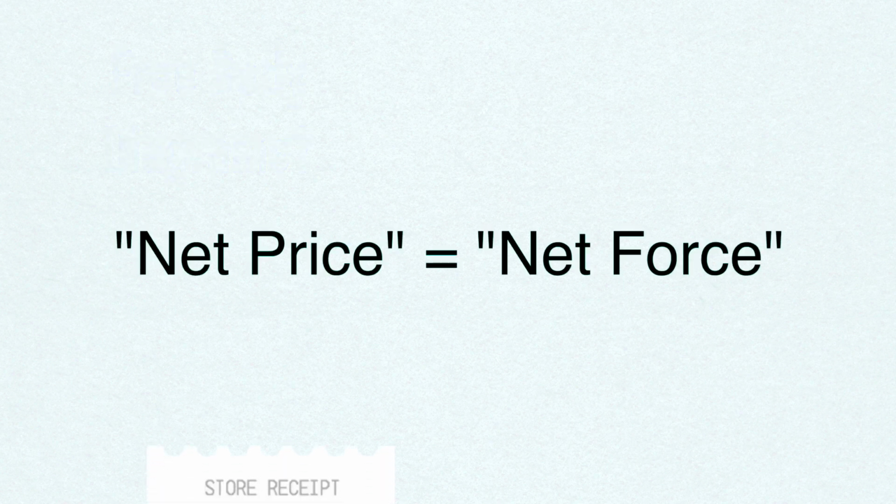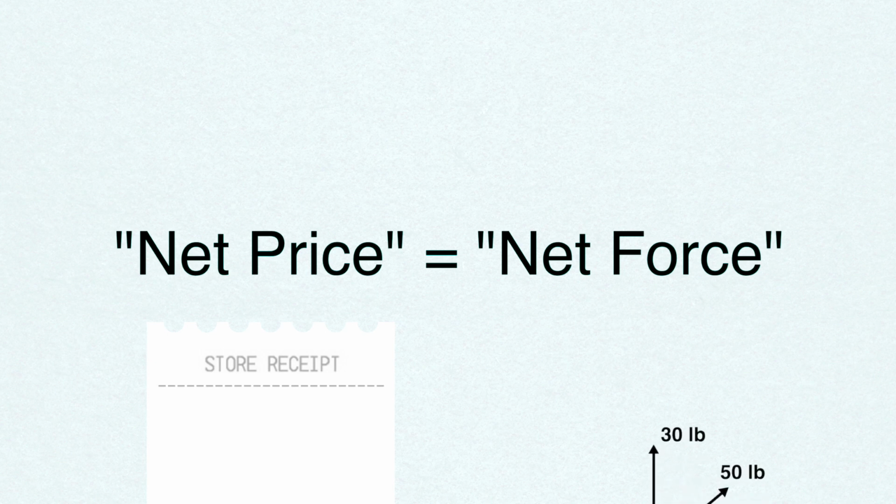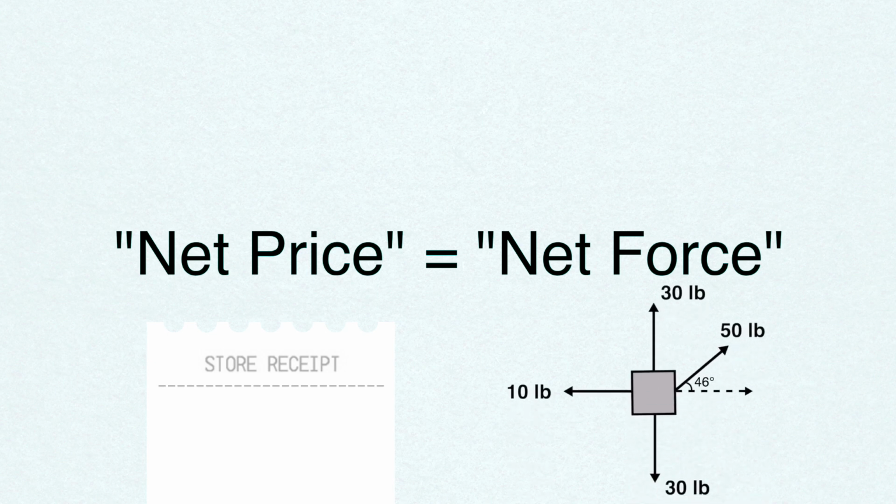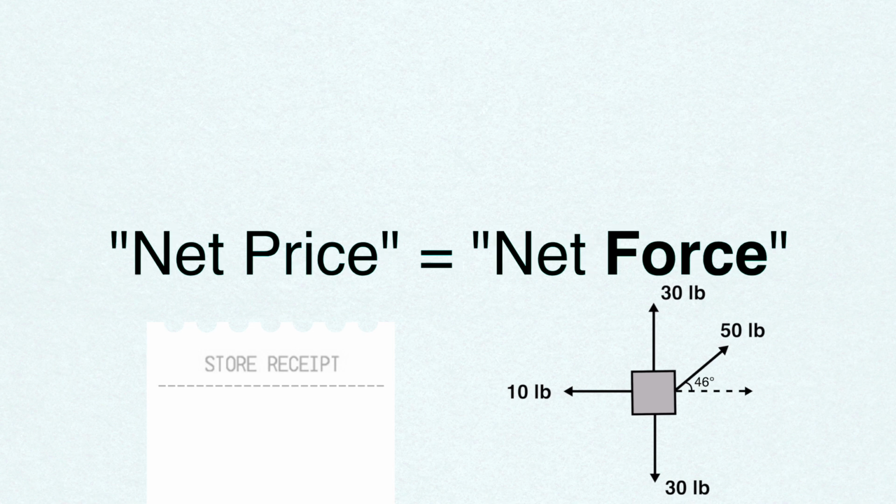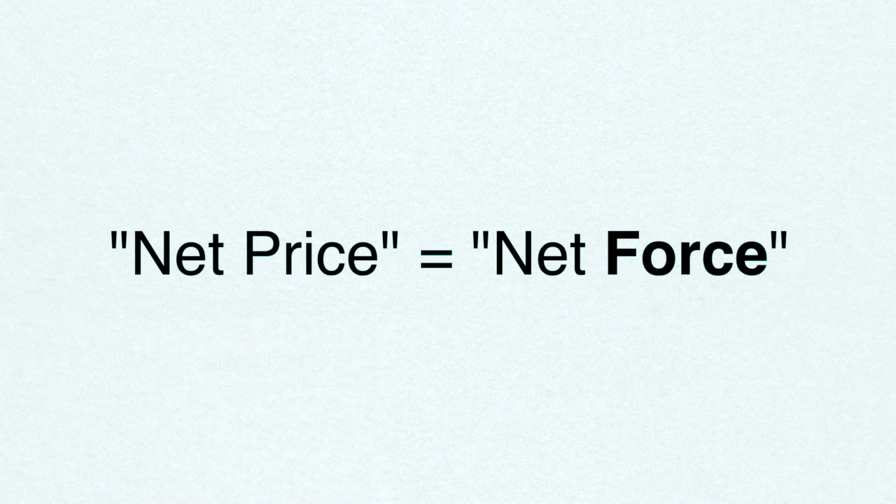Well, just like how we added all the items and then subtracted all the coupons to get a resultant price or net price that we paid the cashier, the same thing happens in free body diagrams, except instead of adding and subtracting dollars, we're adding and subtracting forces. And instead of figuring out a net price that we owe the cashier, we need to figure out a net force.